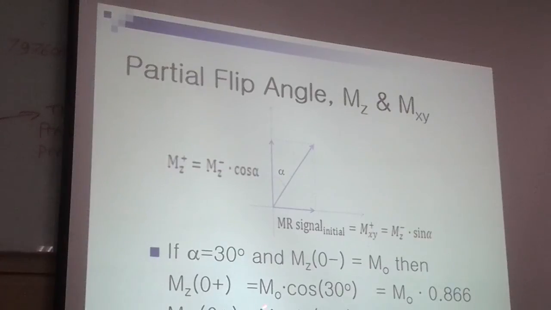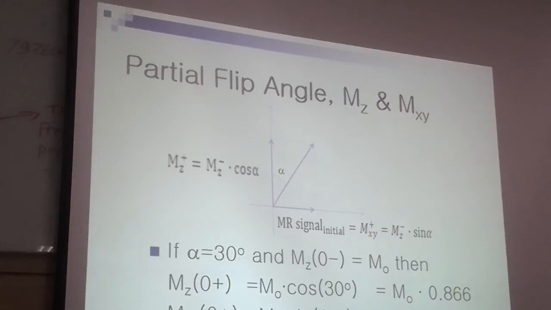M0 depends on the magnetic field, RF sensitivity, voxel size, the tissues, the sensitivity of the RF coil, amplifier gain, and so on. So it depends on the tissue, hardware, and environment. This is called the apparent spin density.